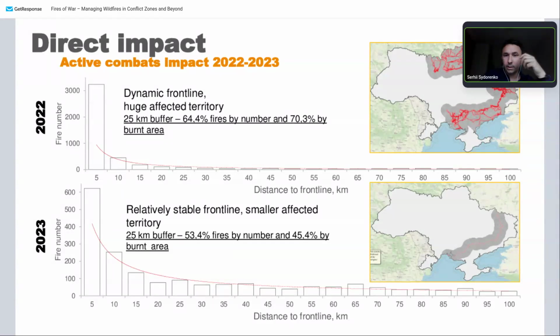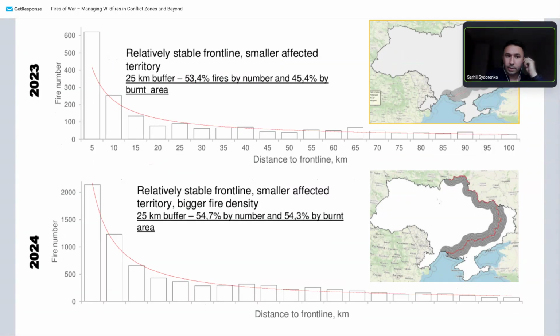It was unstable and very dynamic. Russian troops moved here and there, and active combat took part in a huge part of Ukraine. But in 2023, it became stable, and it led to a situation where the intensity and frequency of fires near the front line became bigger. And the comparison of 2023 with 2024 is quite similar.